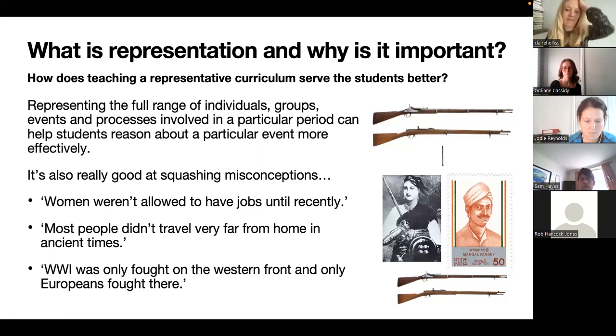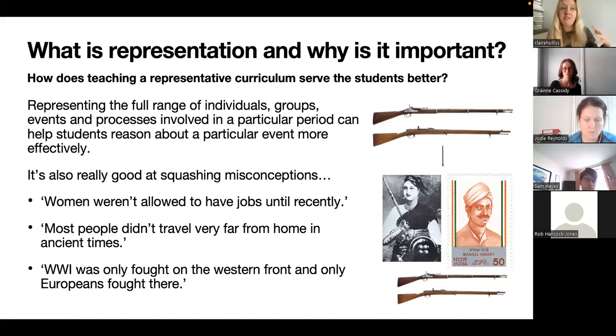One example I'll give relates a bit more to modern history, but I'm sure you can think of equivalents in your contexts. When we teach our British Empire unit, quite a lot of students have come to us and said, we had no idea that World War I was a global war, in spite of the name, because they'd learnt about it primarily as an event happening on the Western Front in Belgium and Northern France, with Europeans fighting each other.